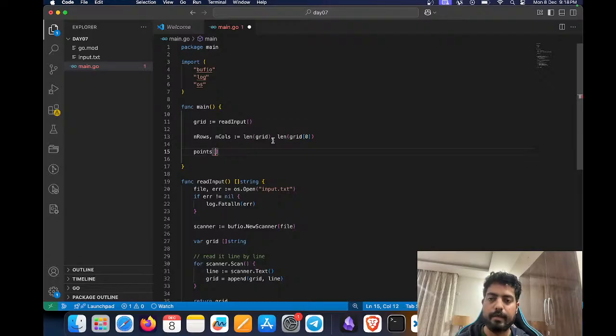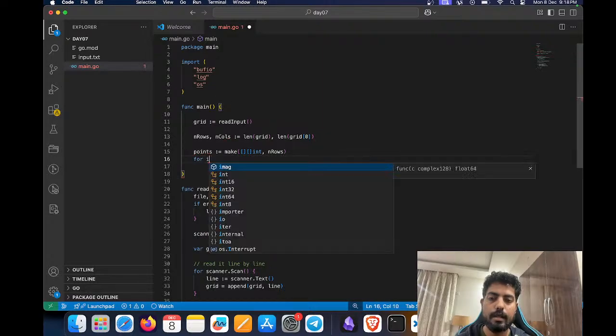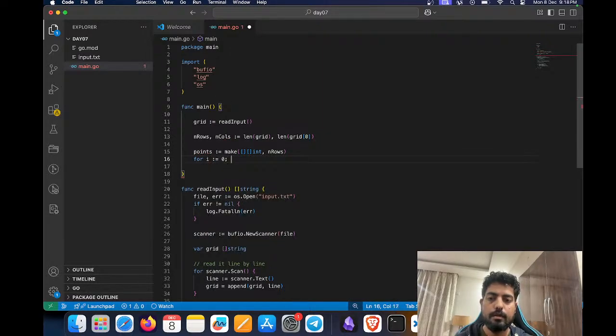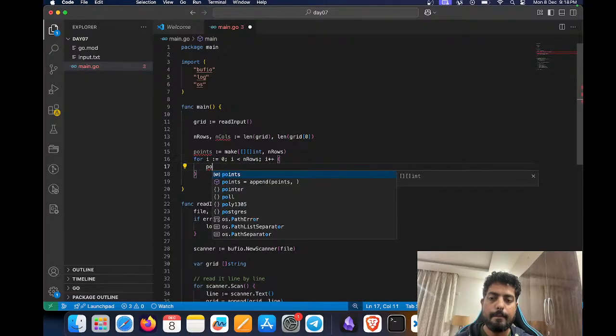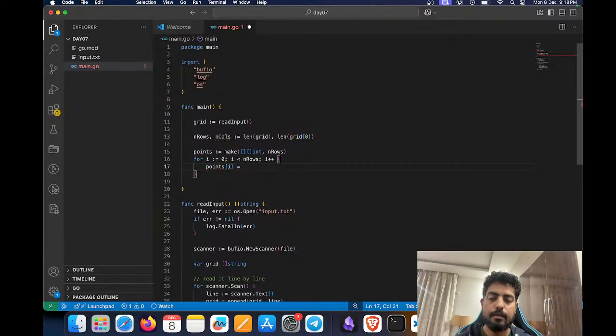So these are the points we have here on the grid, and we want to make an array of int, which is number of rows, and for each of them is equal to make number of columns. So we have initialized our array here, which is like an n cross m matrix.